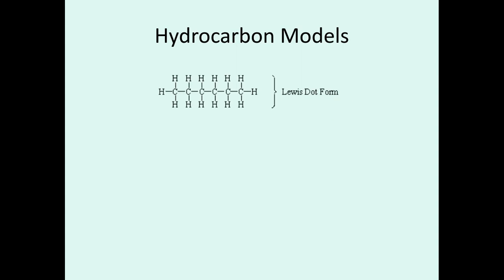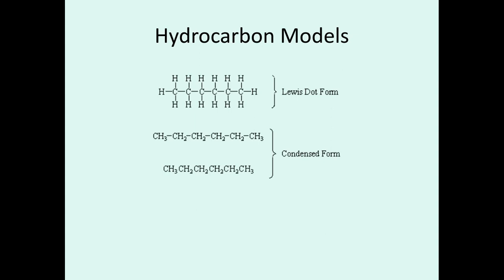All right, so when we get into hydrocarbon models, this is what we've been using right here. This is the Lewis dot form. So Lewis dot is simply the carbons put together there with the hydrogens around the outside like we did before. But we can simplify that into a condensed form.